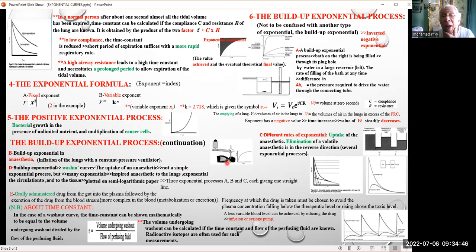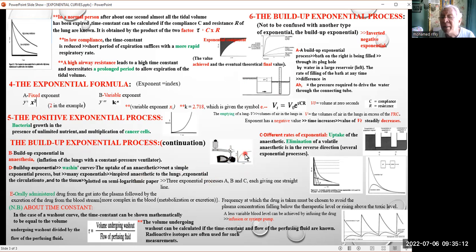So if we have a patient, as you can see, on a ventilator, we can build up an exponential curve, which is a build-up exponential curve, as you can see by time. First of all it increases slowly and then becomes speedy till it reaches a final destination. So this is what we call a build-up exponential process.